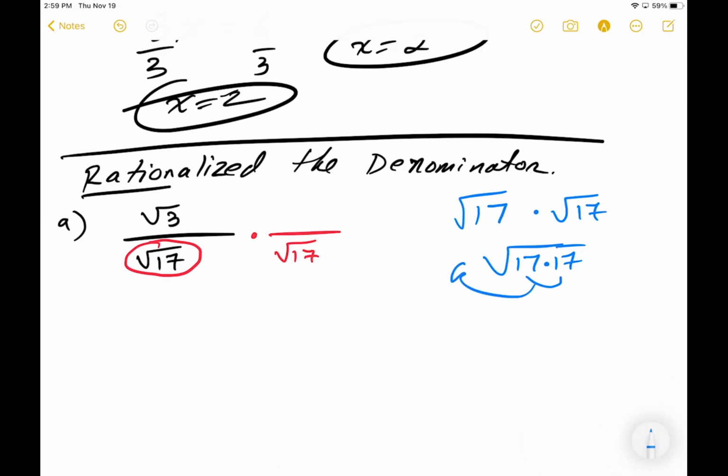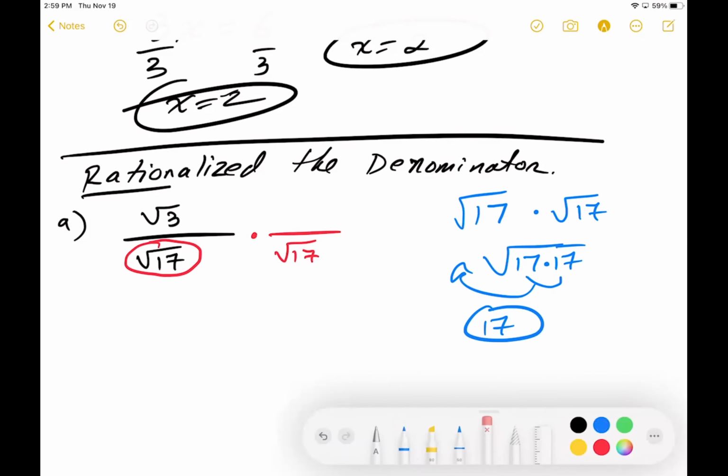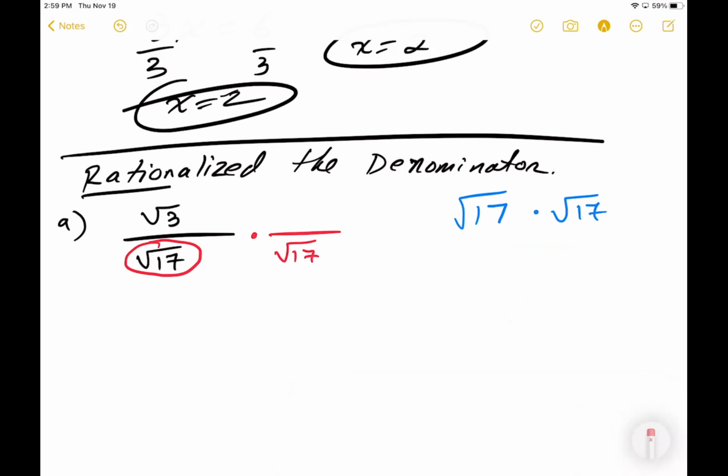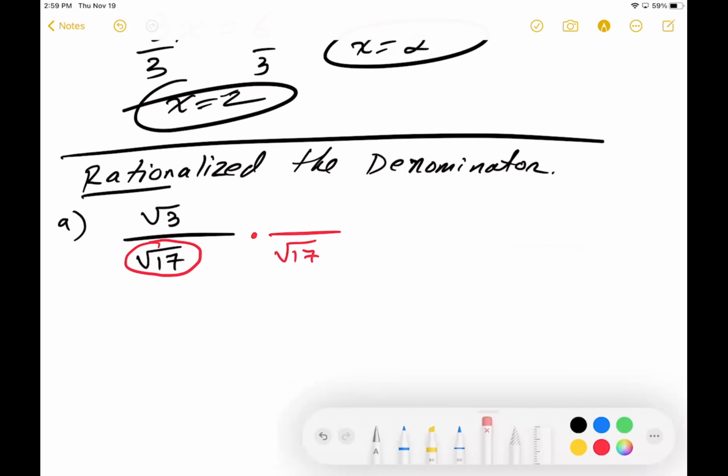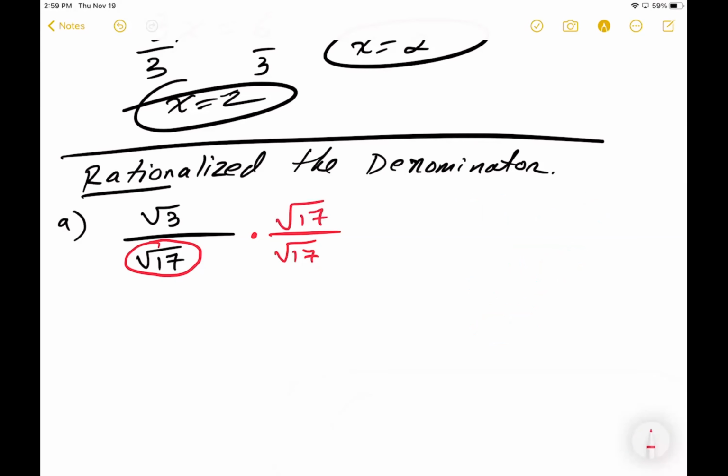What can we bring outside? Well, we can bring 17 outside, right? That's the idea: as long as it's a single radical on the denominator, all you need to do is multiply by that. If you multiply the denominator by the square root of 17, you need to multiply the numerator.